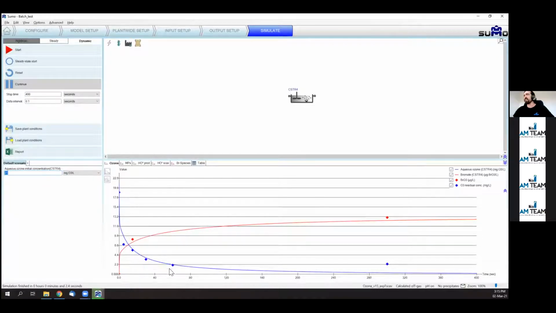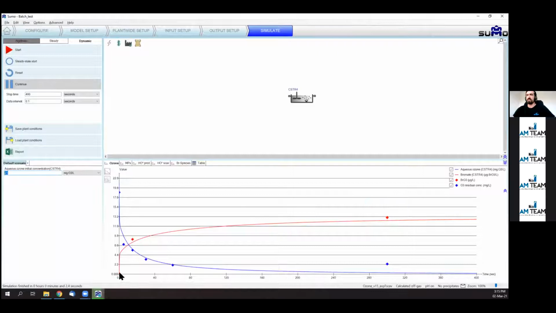Now, what you see here is what actually happened in a batch experiment, and you see the measured data points here and the model fitting through it. Now, for the ozone residuals, and in red, you see the bromate formed.